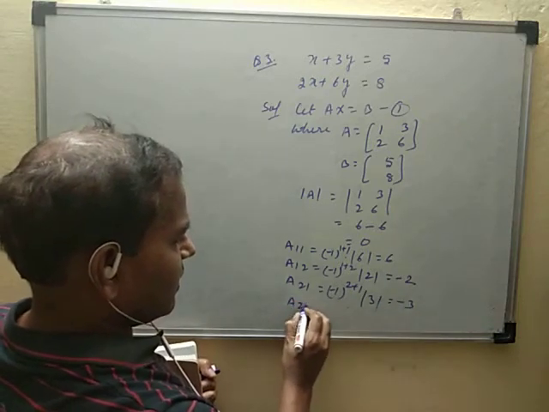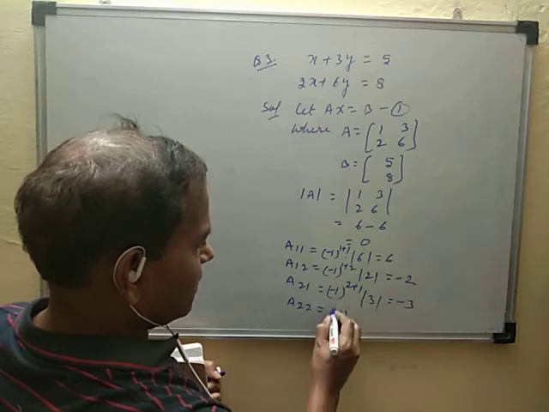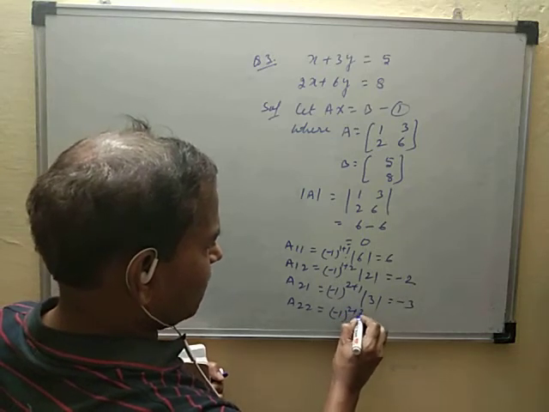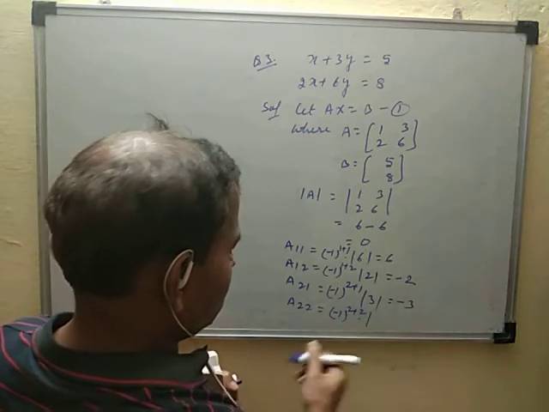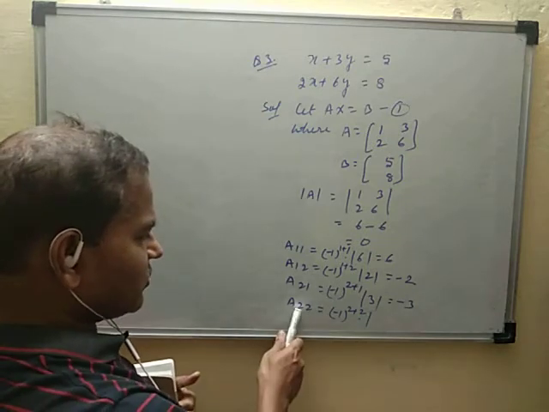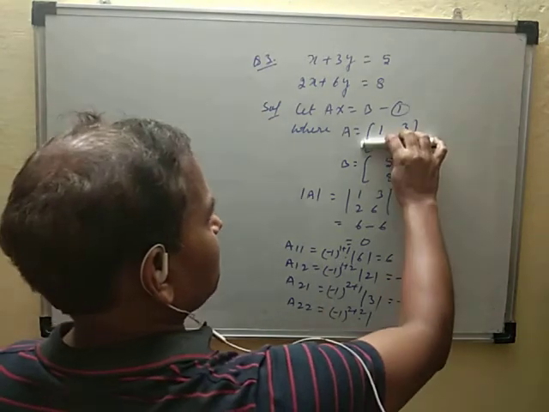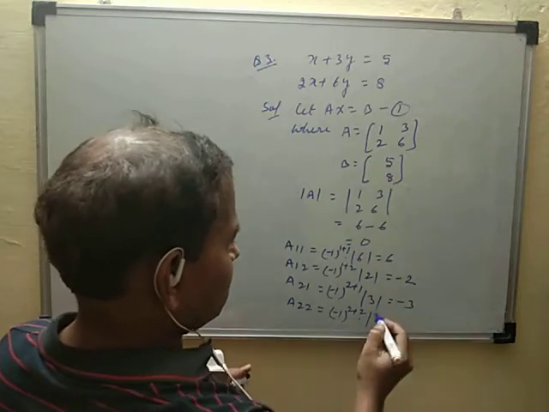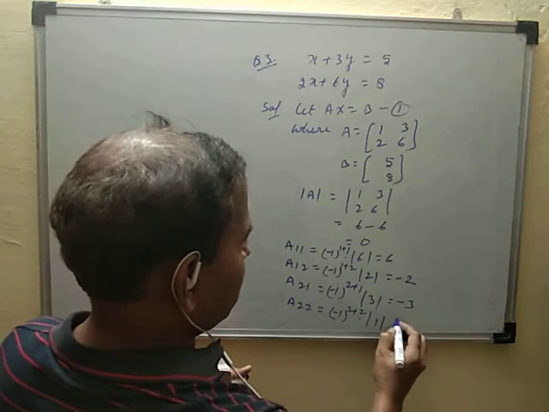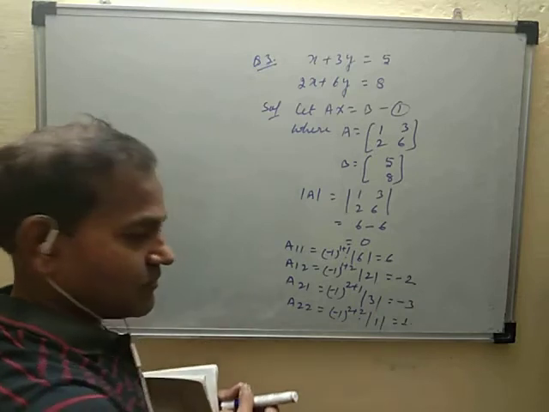Next find A22, that is minus 1 to the power 2 plus 2. Delete the second row and second column, so the element is 1, and this power is even, so the value is 1.